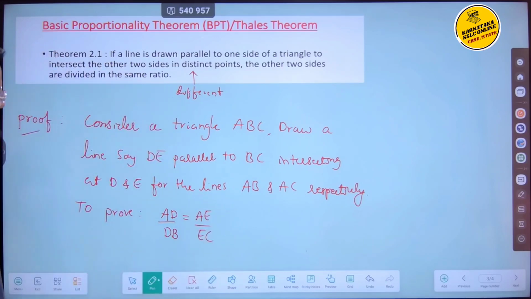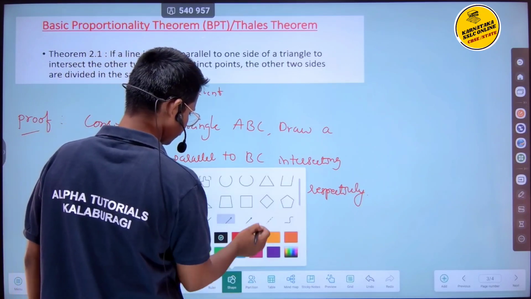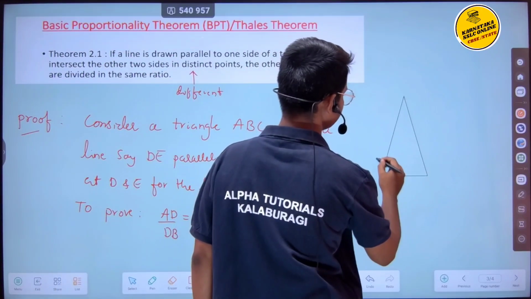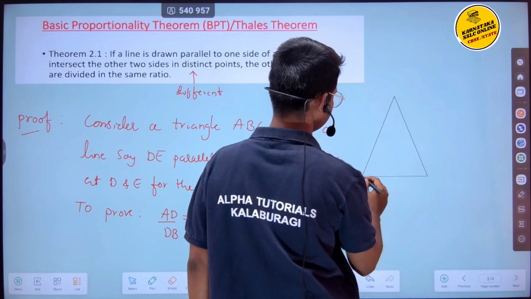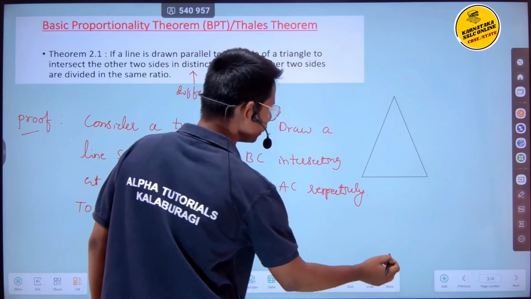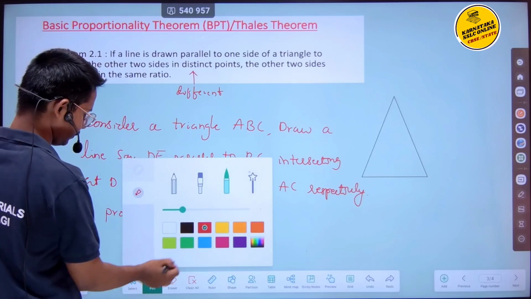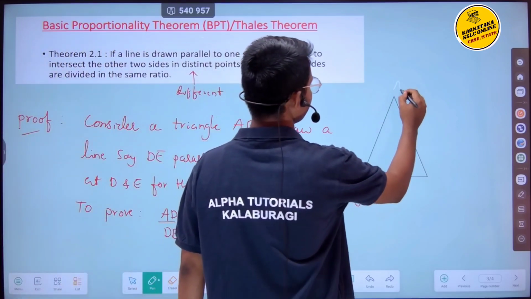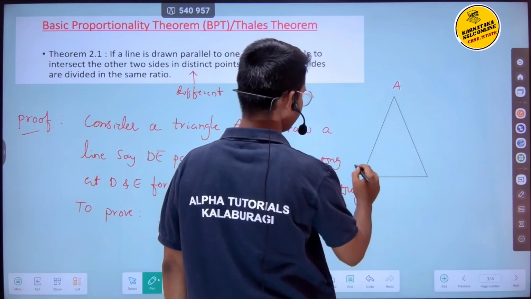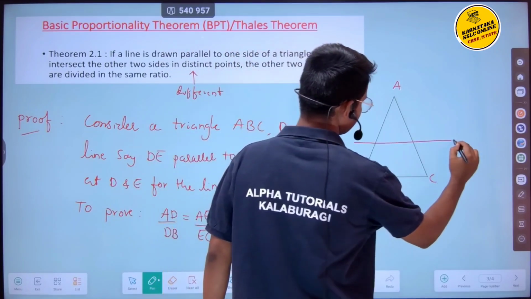I'll draw the figure. We'll name the triangle ABC.